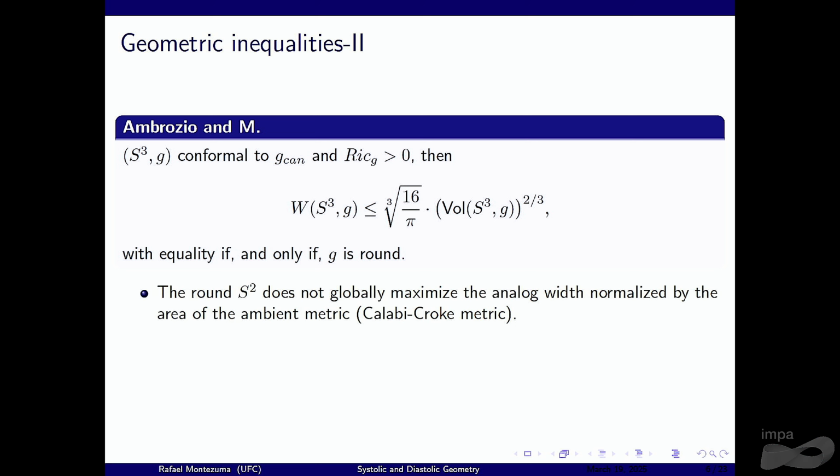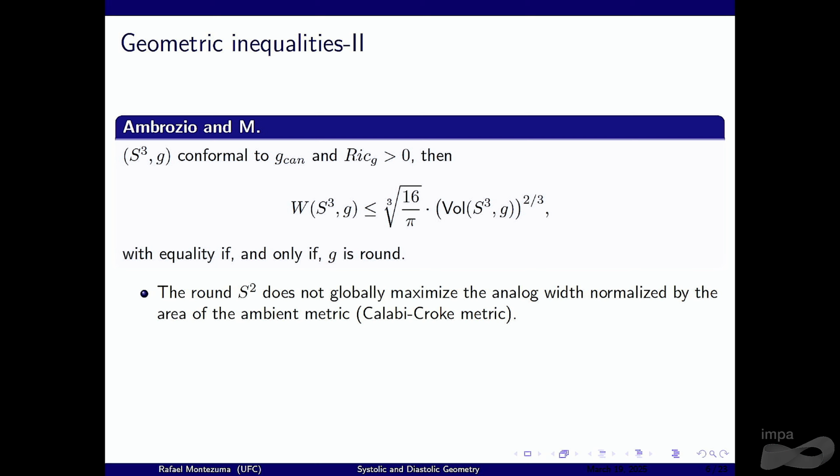And of course, it's important to compare this to other results that appeared in the conference before the beginning of the week, showing that there are some similar things and some different things in 2 dimensions. So for the round 2 sphere, because if you look at positive Gauss curvature in the 2 sphere, the systole is going to coincide with this width, and you know that the round metric in the 2 sphere is not optimal.